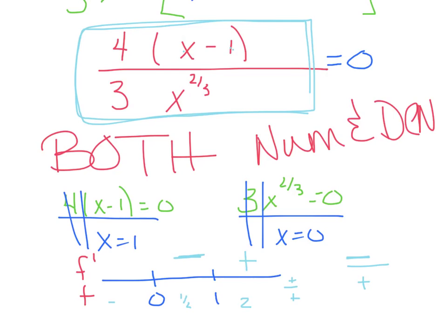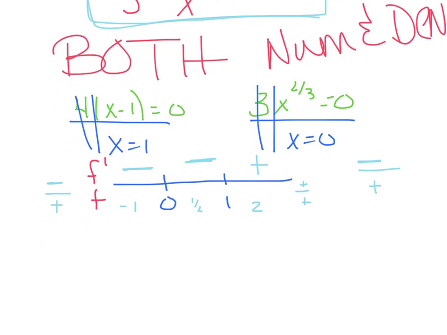And now I'm going to use a -1. -1 minus 1 is a negative, times 4 is a negative, divided by the cube root of -1 squared is a positive. So I get a negative divided by a positive is a negative. So what does that tell me this function is doing? Well, it's decreasing, decreasing some more, and then increasing.